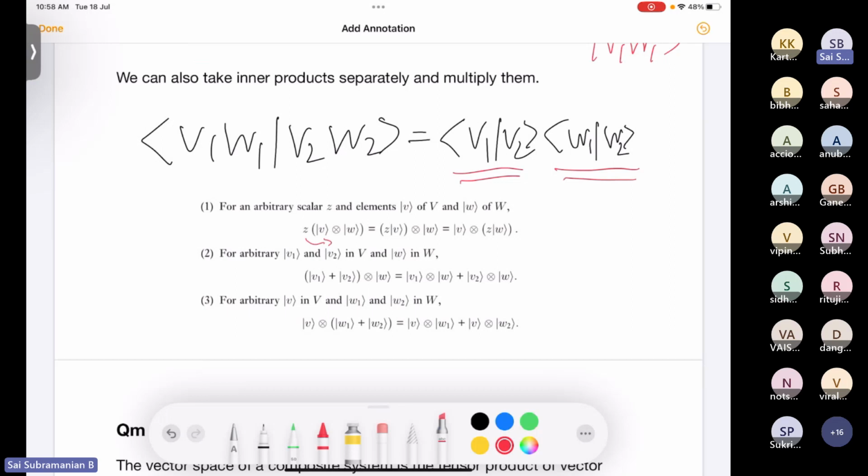If you add two vectors in the first space and then take the tensor product, it's the same as taking the tensor product and then adding. The third property is the same, but for the second vector. If you take the tensor product of one vector with the sum of two vectors in the second space, it just distributes, and we get v tensor w1 plus v tensor w2. These are all linear operators, so all these linear properties will hold.